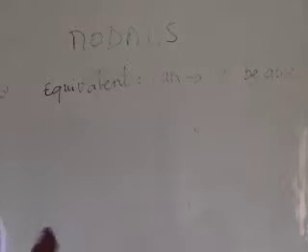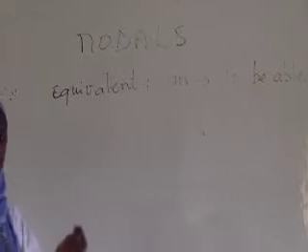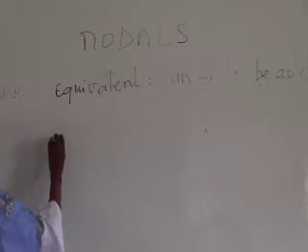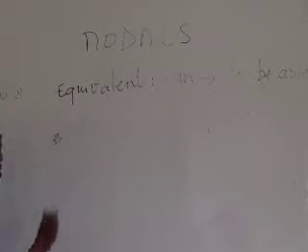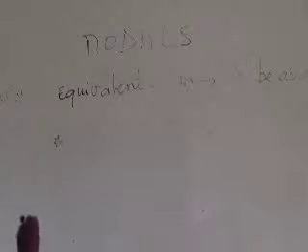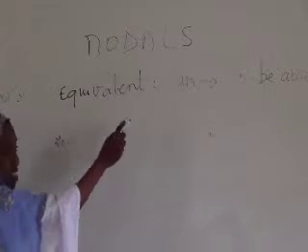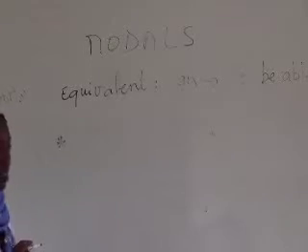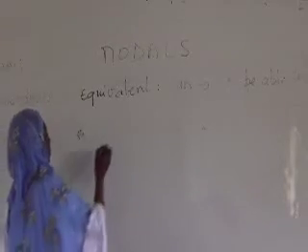The equivalent of can is to be able to. If I want, for example, to put this form in the past, I'm going to use the equivalent form.